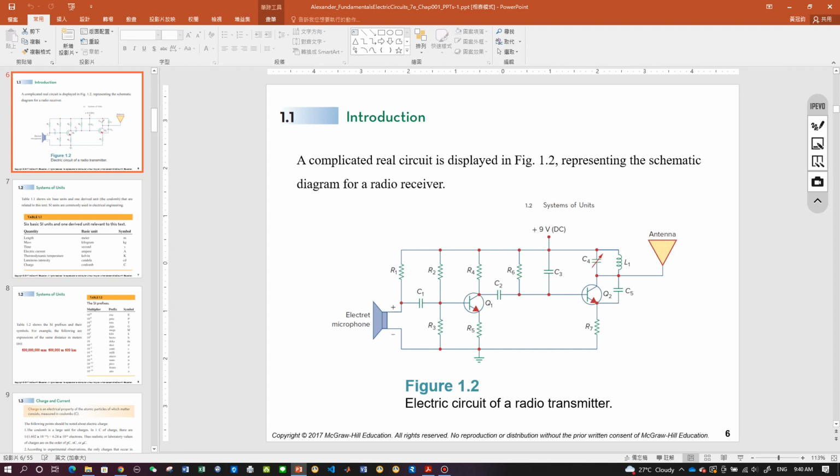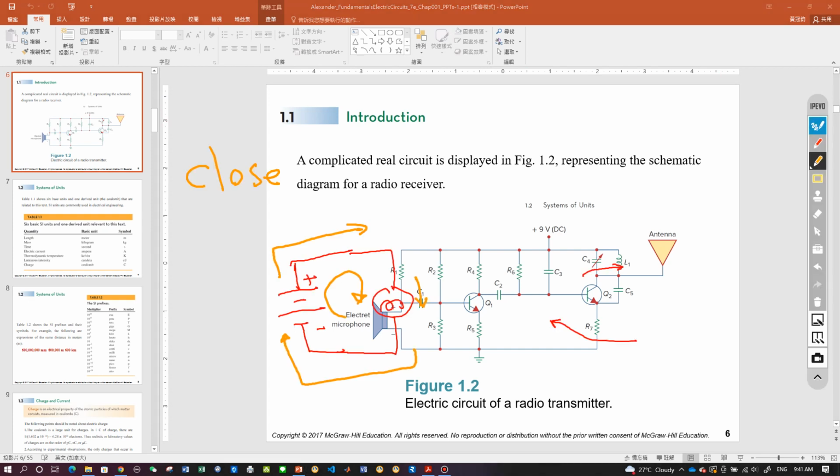There is already something to cheer for. Okay, section 1.1, the introduction. Look at the screen. You can see there is a circuit. Oh my God! But sir, there is a lot of complex things. Don't worry, we don't go that far until later on.